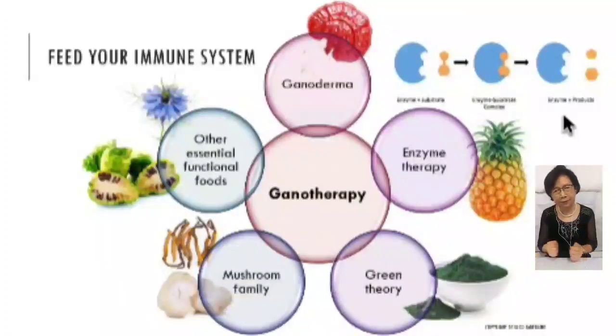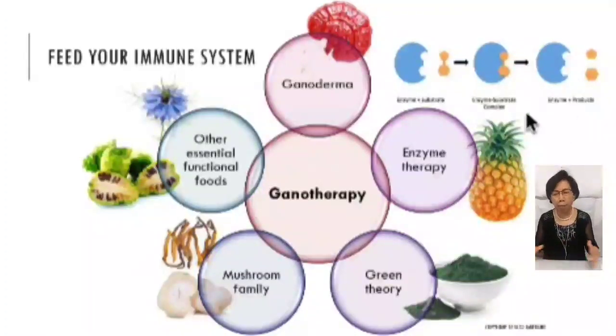And of course, due to the improvement in gynotherapy, we must thank Dr. Lim for his science, for his development in gynotherapy. We also have so many other kinds of mushroom products now to support gynotherapy.